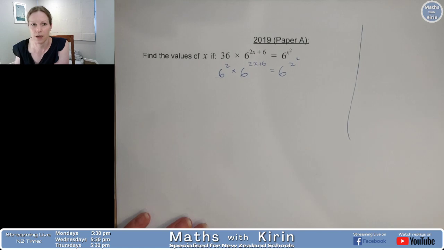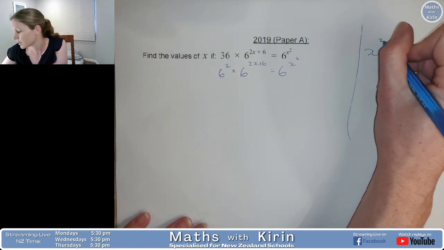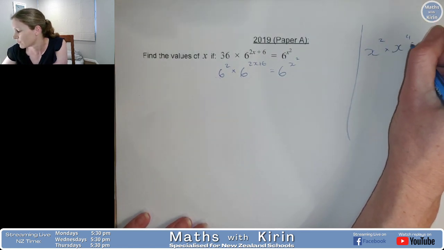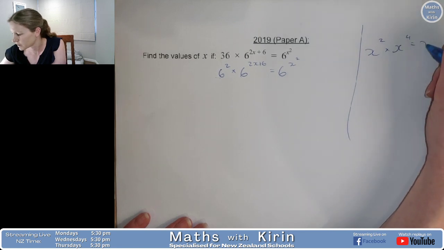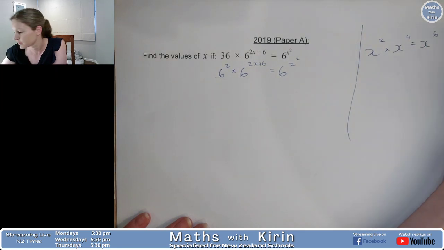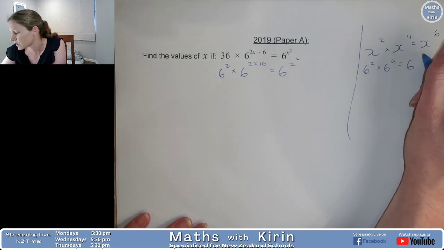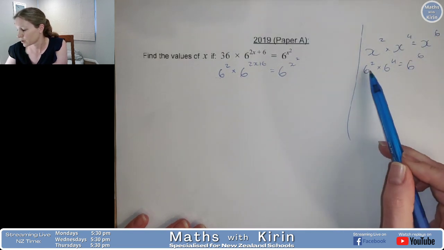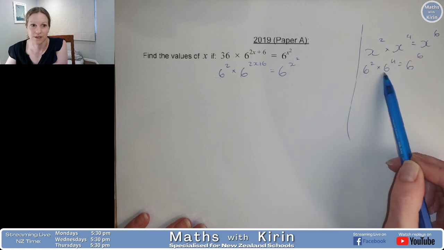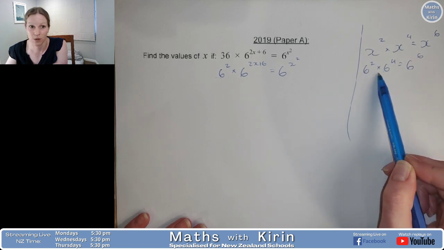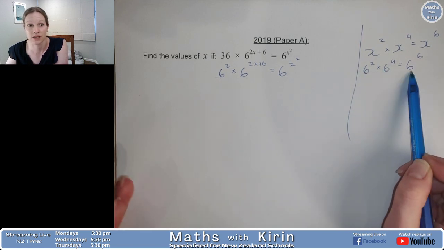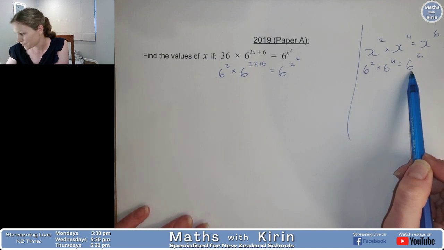You might remember in algebra, if you have an x squared times an x to the power of 4, for example, we add those powers together. So that would give us x to the power of 6. Likewise, if you had 6 squared times 6 to the power of 4, you would get 6 to the power of 6. Because this is 2 6's multiplying together, and this is 4 6's multiplying together. And if you multiply 2 6's by 4 6's, you get 6 6's multiplying together.